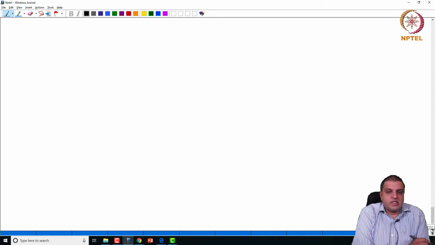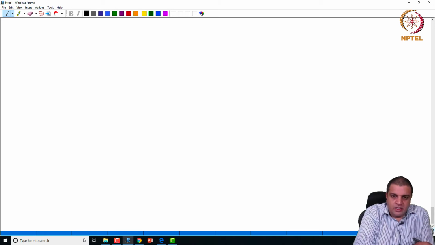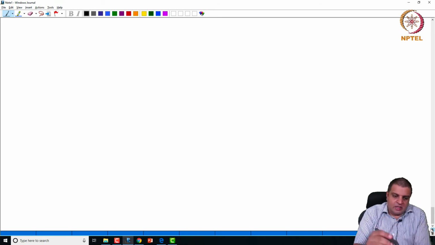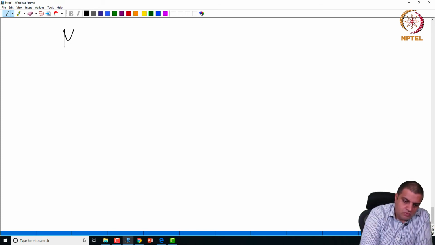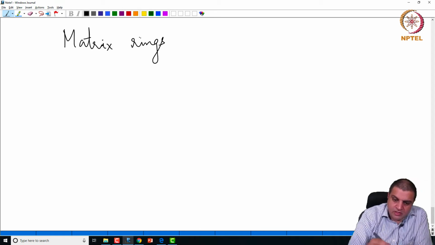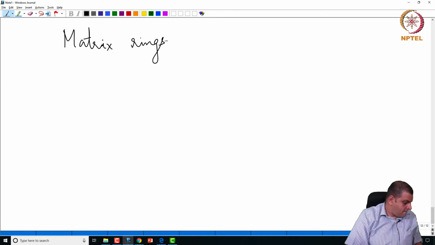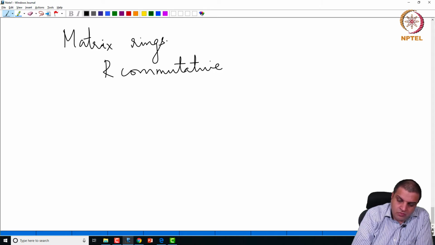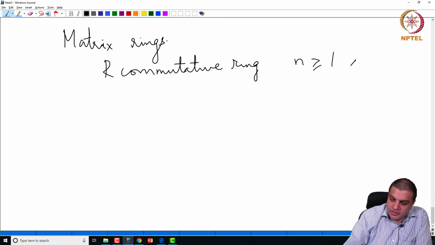So not all interesting rings are commutative. There are important classes of non-commutative rings. So to become familiar with that, let's just use one example. We will not worry about them in general. Okay. So let R be a commutative ring, and n a positive integer.